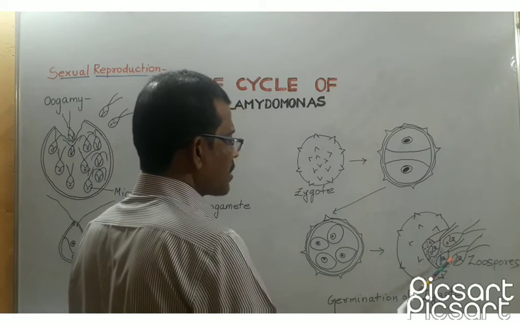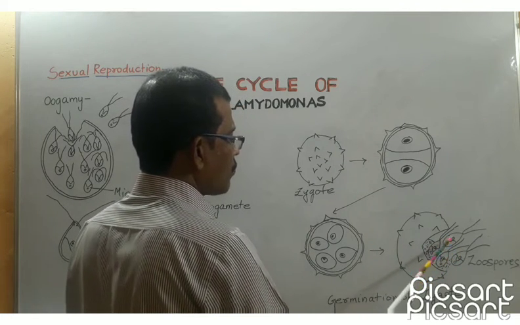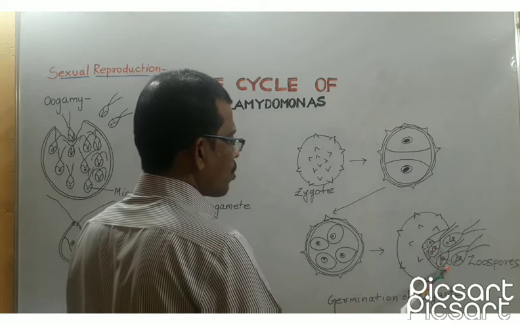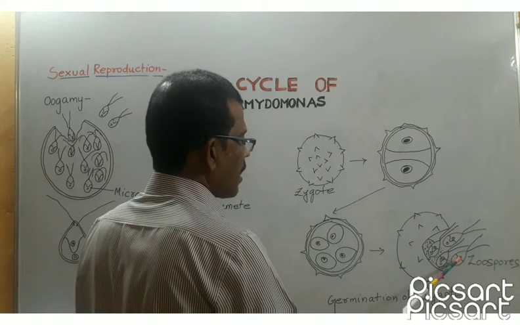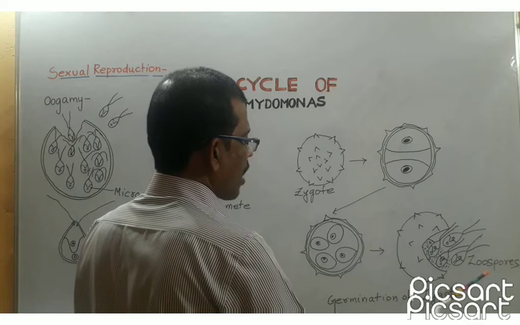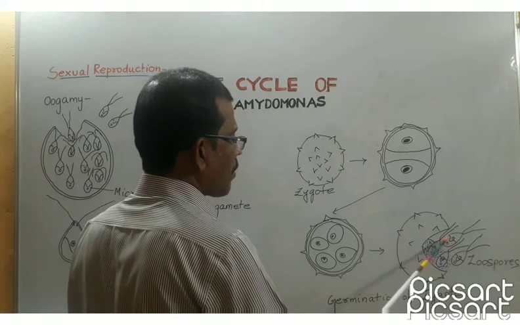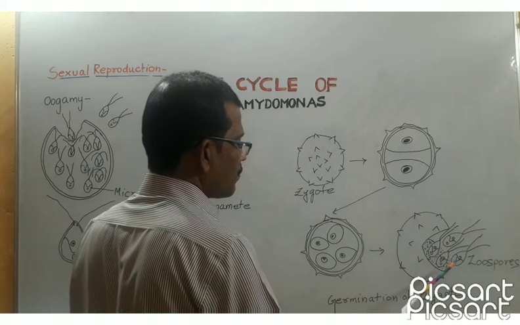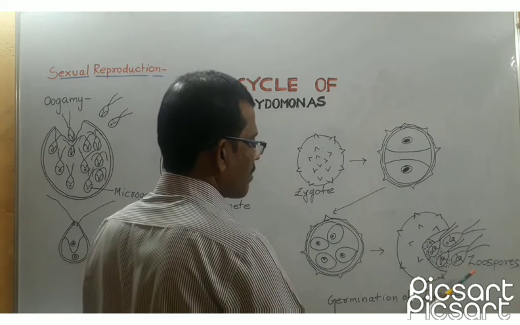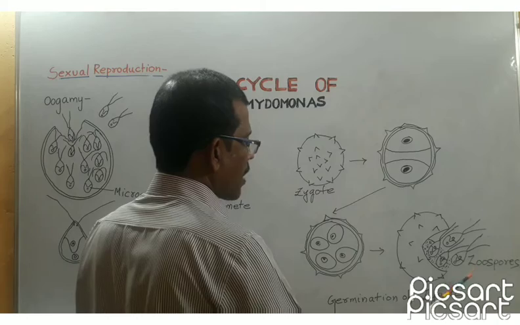In heterothallic species, out of 4 zoospores, 2 zoospores are of plus strain and remaining 2 zoospores are of minus strain. These zoospores come out of the zygote and the zoospore can develop to a new Chlamydomonas.